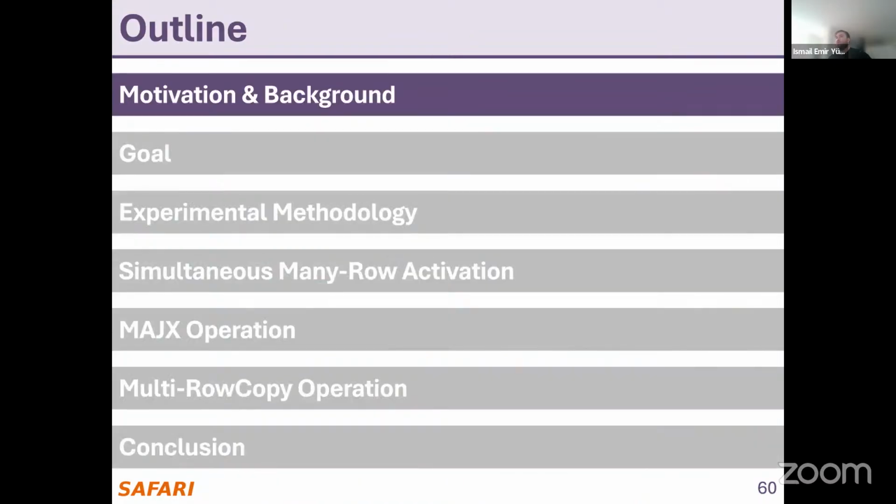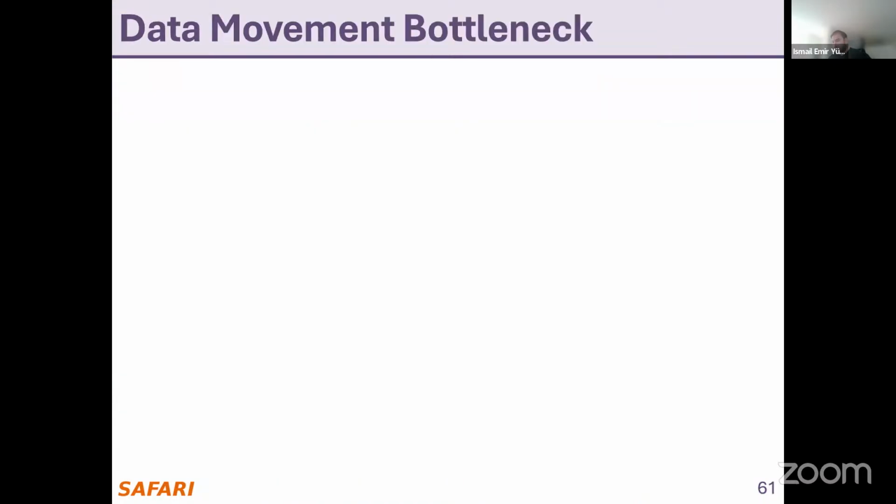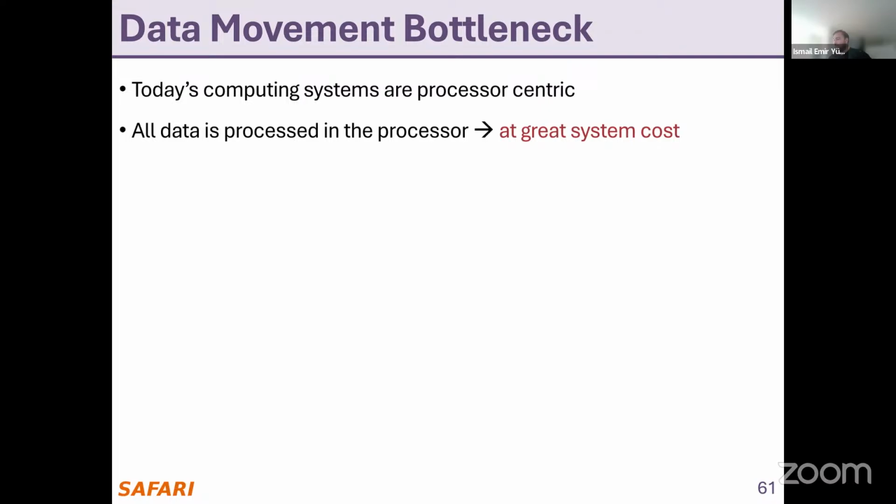Now let's move on to our motivation and background. As you already saw throughout this course, data movement is a bottleneck in today's systems, and we need to pay a great system cost to process data.